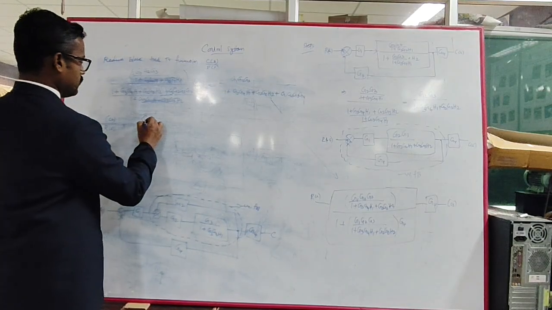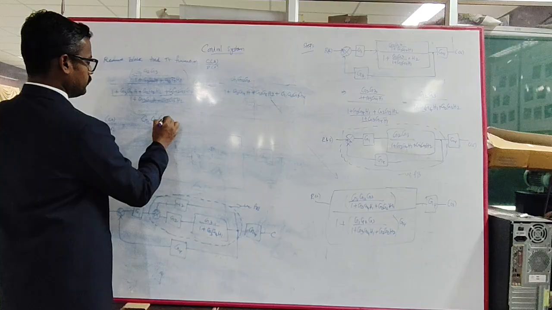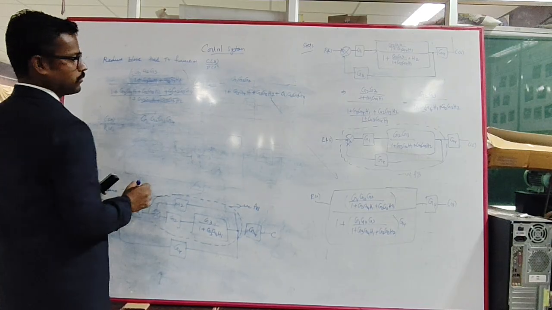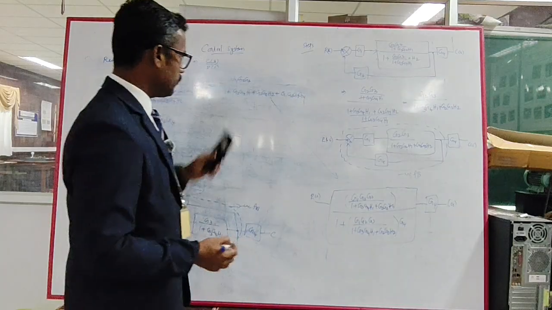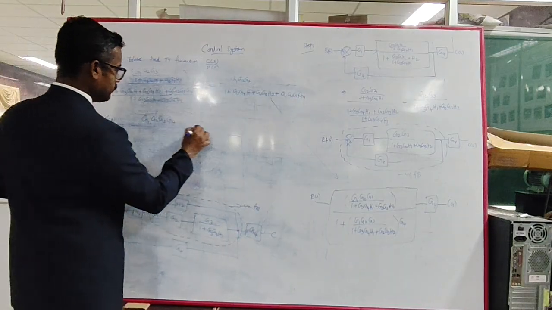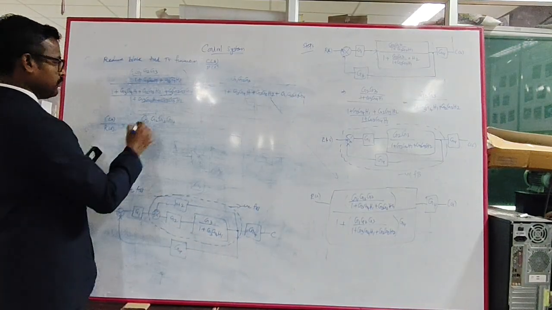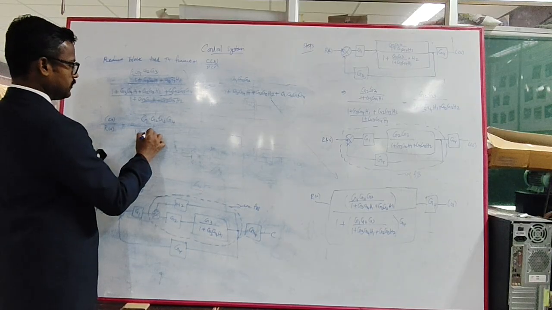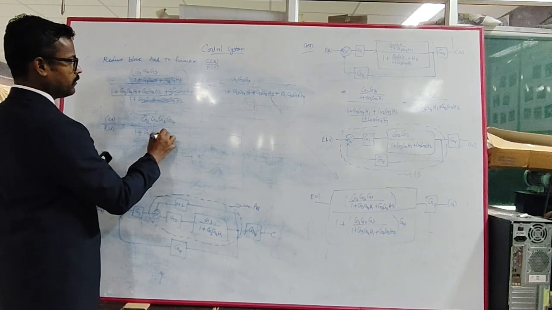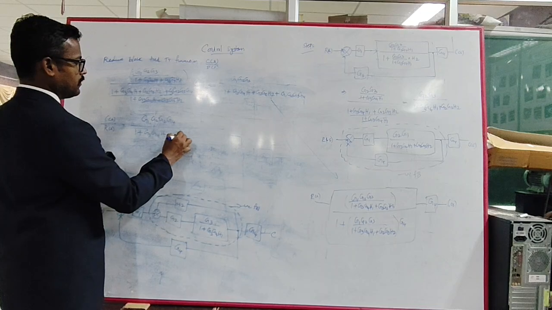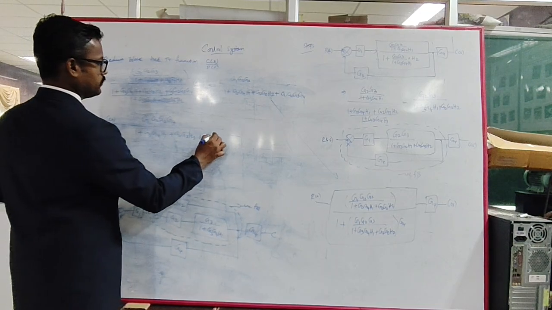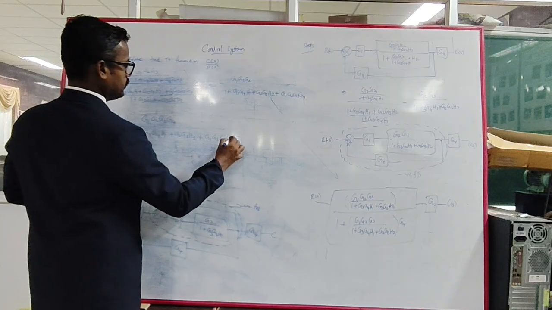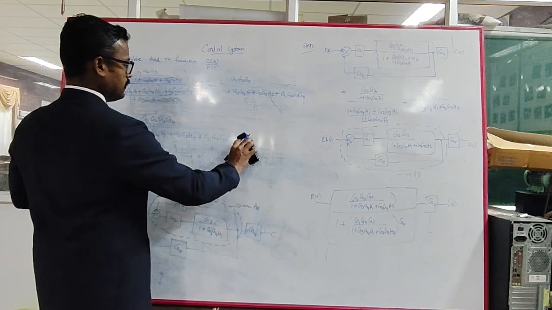So G1 G2 G3 G4, how are you getting G4? It is multiplied because it is in a cascade. The denominator is 1 plus G3 G4 H1 plus G2 G3 H2 plus G1 G2 G3 G4.